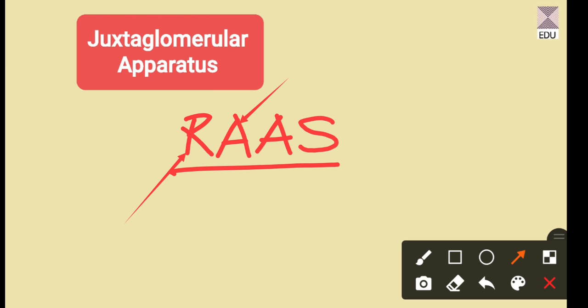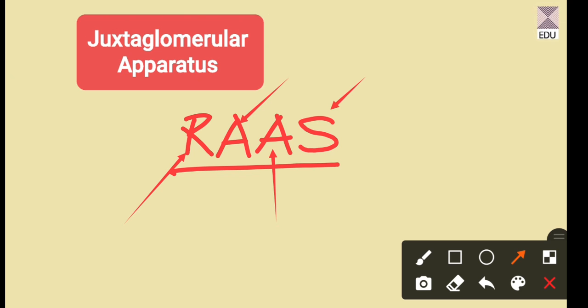Second is the angiotensin, which is formed from the alpha globulin, a component from the liver. And A is for the aldosterone, which is released by the adrenal cortex in response to the angiotensin. Now the S is for the system.